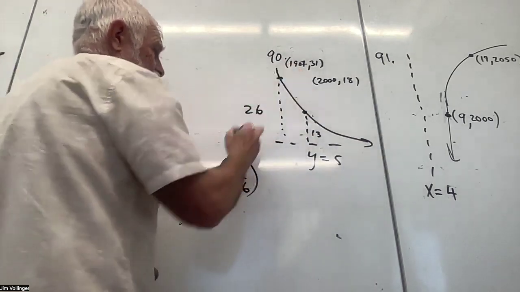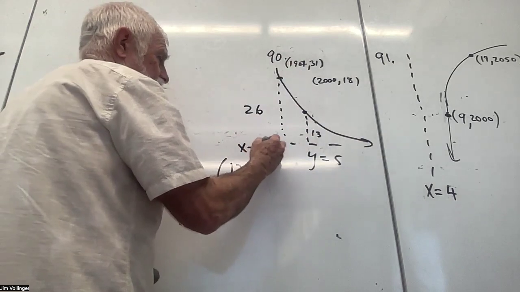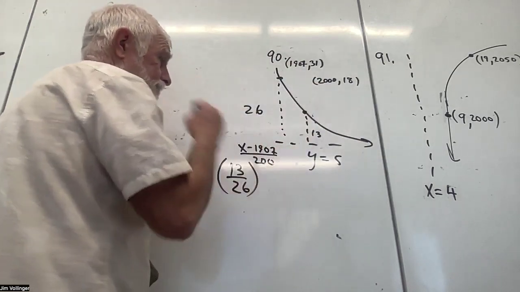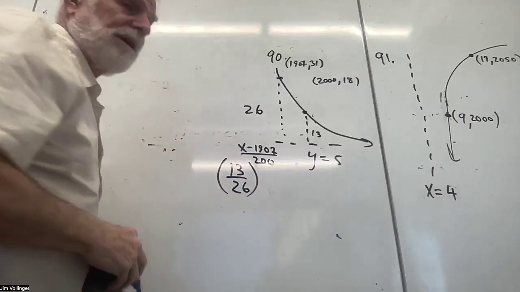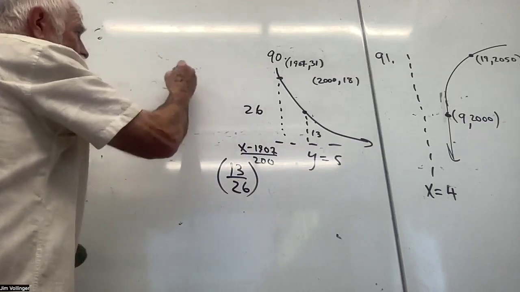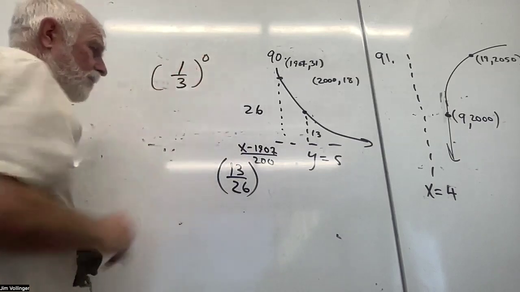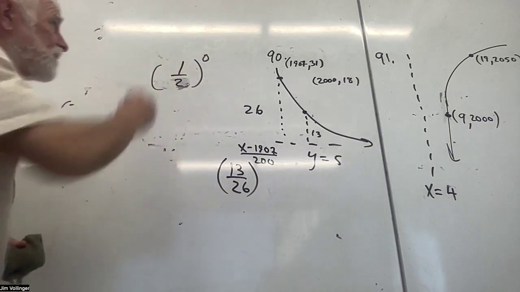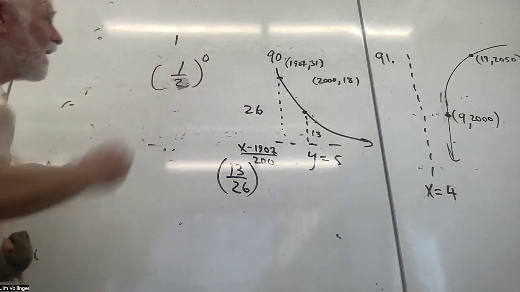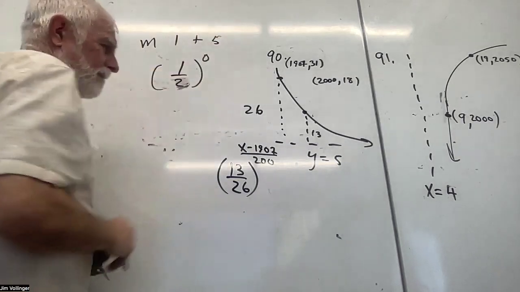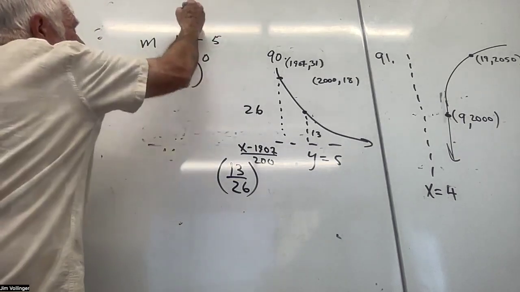I think I'll put x minus 1907, and I think I'll put 2000 in here. So you put 1907 in there. 1907 minus 1907 gets me 1/2 to the zero, which I think is the number 1. I think I can multiply that times something plus 5 to get 31.